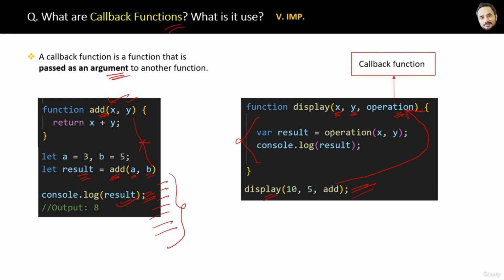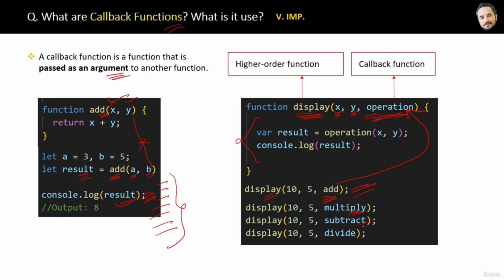One more thing. This display function, which is receiving a callback function as a parameter, is called a higher order function. Now the question is why we did all this, what is the advantage of using this callback function and higher order function? The benefit is that if you have more methods like add, multiply, subtract, divide, etc., then you can pass them all like this inside the display method as a callback and it will work perfectly.